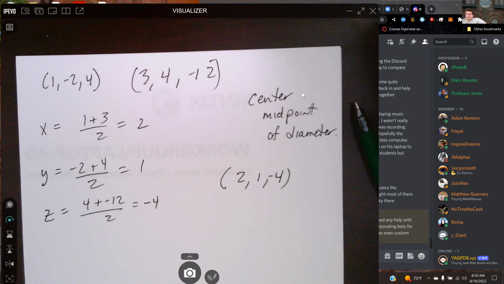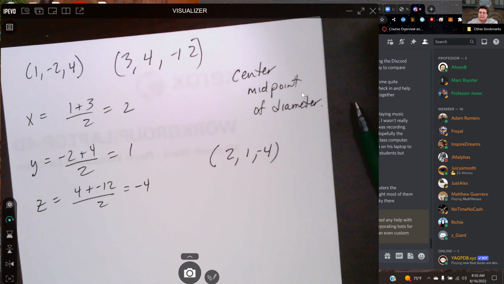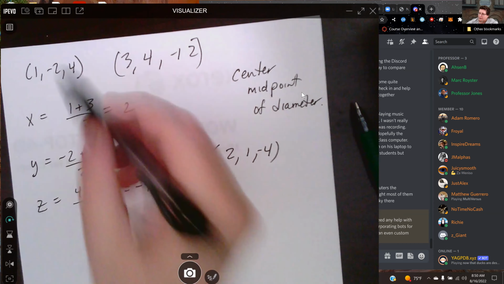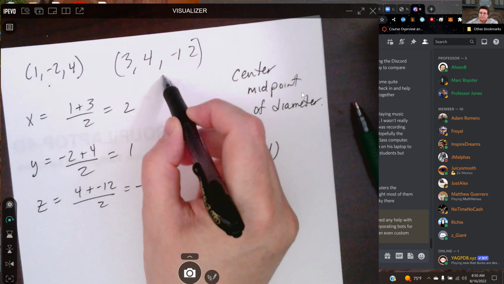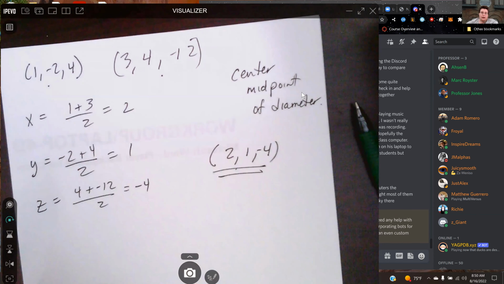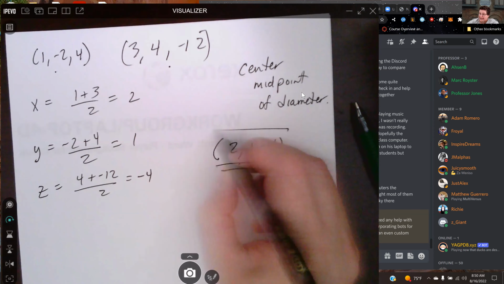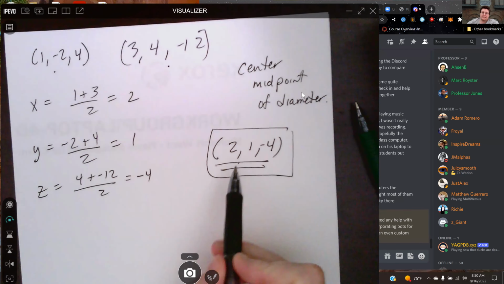They want the radius. Here, for the radius, I would just do the distance formula with either one of these. If you do the distance formula with these two, you have to divide by 2. If you do the distance formula with this point and one of them, you don't have to divide by 2. But just to make sure I'm using stuff that I know is accurate in case I mess that up, I'm going to go back and do it with the upper ones.